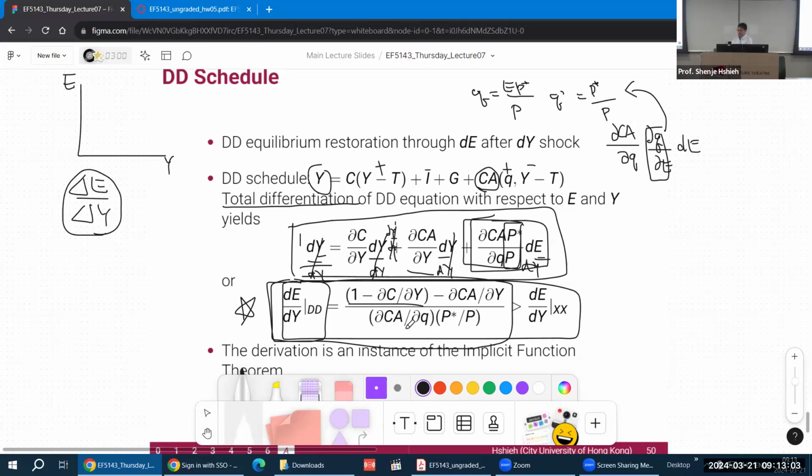So let me explain to you the important components. The important components to pay attention to is here. The sensitivity of consumption with respect to output. So this basically tells you whether or not a larger fraction of a country's, a household's disposable income is going towards domestic consumption or savings or consumption abroad, right?